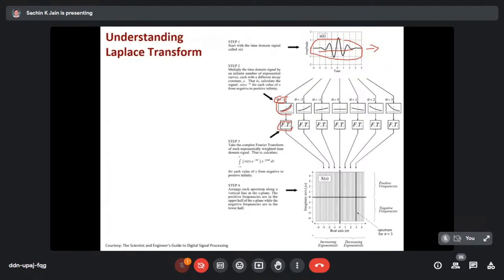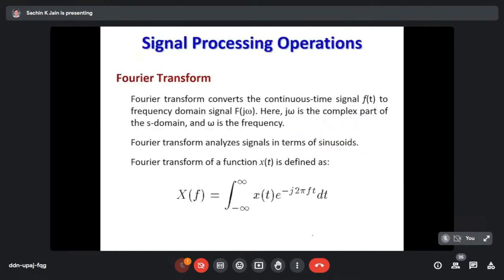Now, what is the Fourier transform? I have already introduced it while explaining time domain and frequency domain, because the Fourier transform translates a signal from a continuous time signal f(t) into a frequency domain signal, like F(j omega). If a signal has multiple frequencies, in the time domain we get its instantaneous value, but how many frequencies are present can be obtained by transforming that signal using the Fourier transform into the frequency domain.